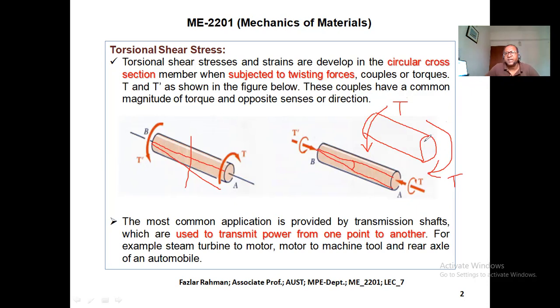If I imagine there is some area right over here, this is a circle, right? This circle I am drawing a little bit bigger right over here. So when you apply the torque, if I take some small area right over here, dA. So you apply the torque, what does it mean? You try to twist.